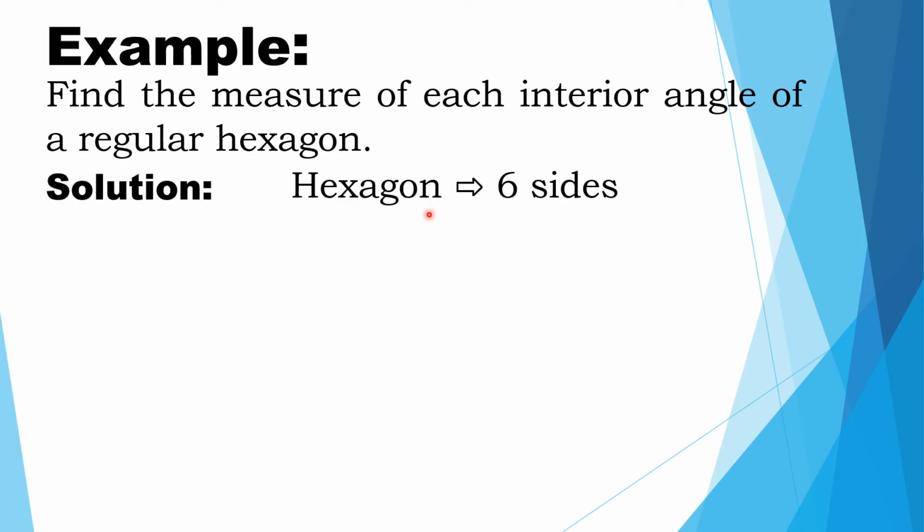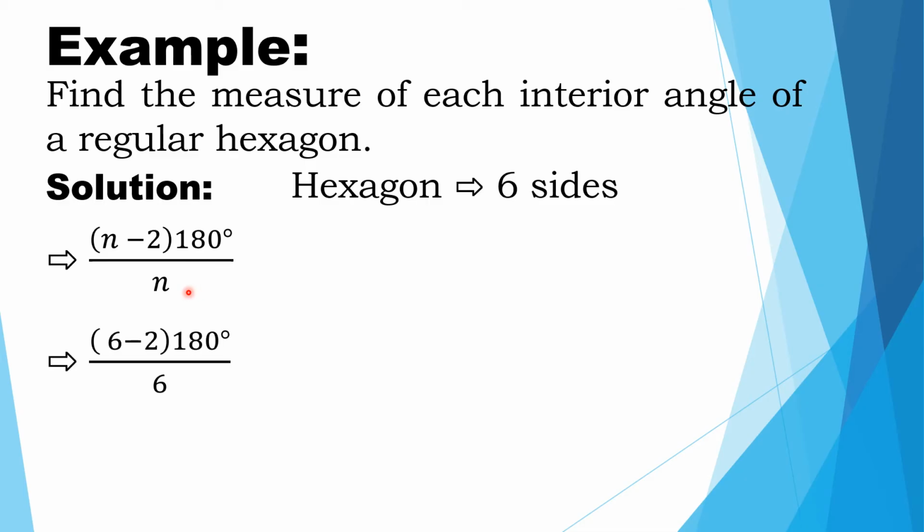Solution, hexagon has 6 sides. We are going to use the formula the quantity of n minus 2 times 180 degrees divided by n. N is equal to 6, since hexagon has 6 sides.